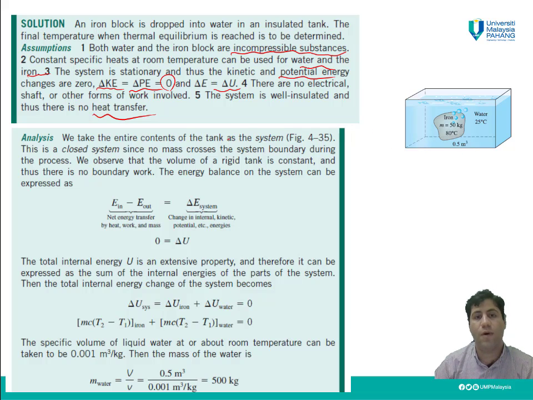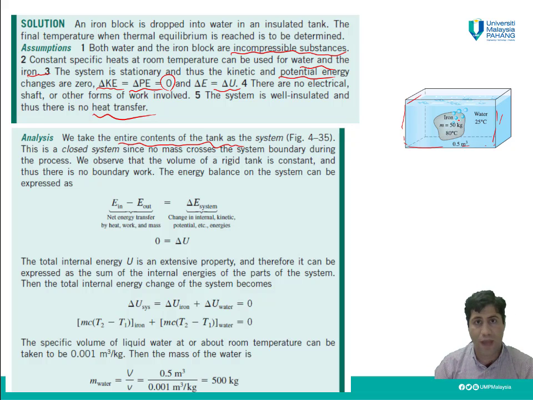First, let's see what our system can be here. We select the entire content of the tank, which includes water and iron, as our system. So this is our system, the blue area, which includes the water and iron.